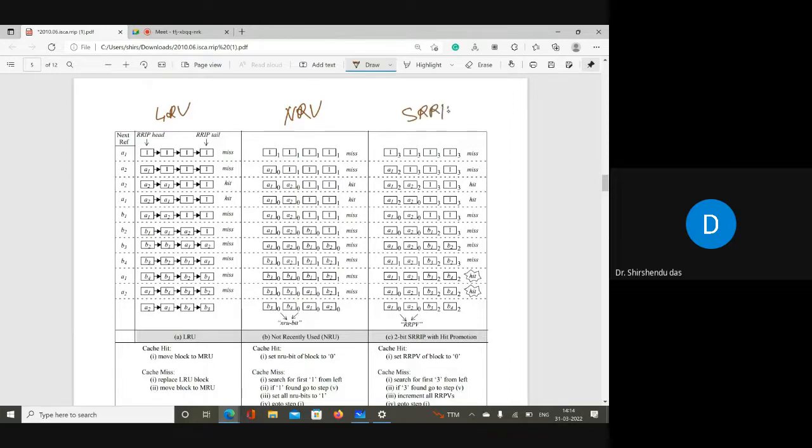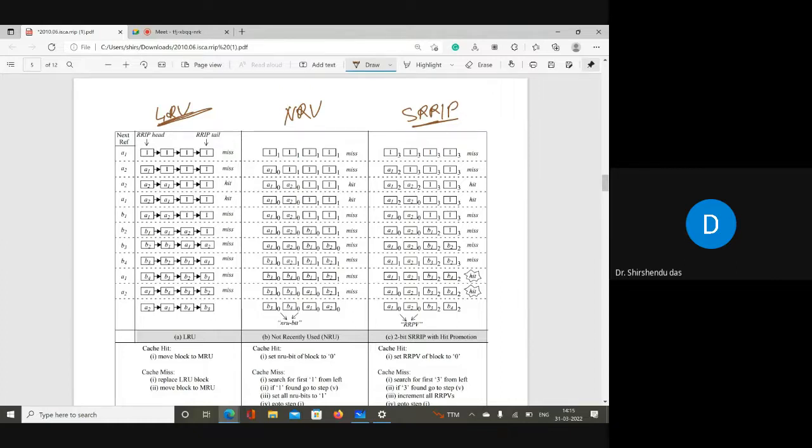There are three proposals in this paper, though it is called RRIP. The first proposal is called SRRIP, the second proposal is called DRRIP, and the third proposal is called TADRRIP. So it is almost similar to DIP. So first, let us try to understand LRU, because if we understand LRU, then only will we understand the other concepts here.